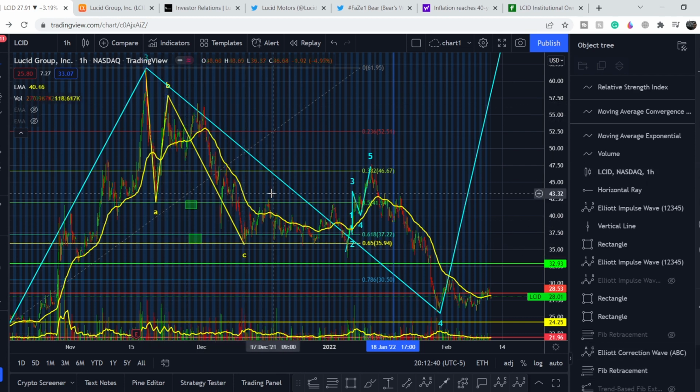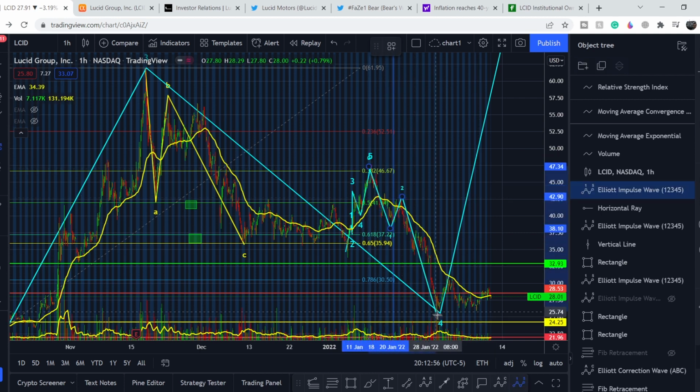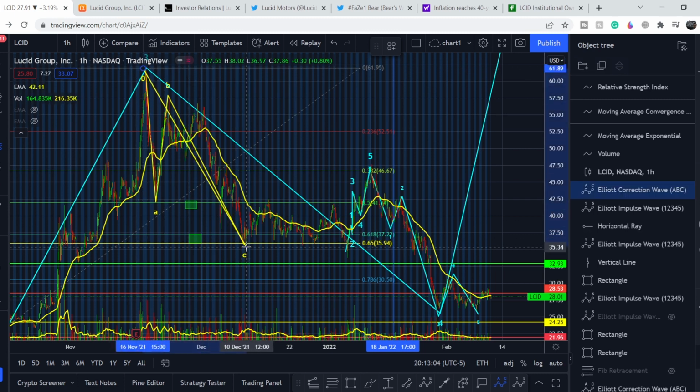This A, B and C wave right here is our B wave. And this 1, 2, 3, 4, 5, if it is the bottom of the fifth wave, it is the bottom of our C wave, and we might have this breakdown like this. And if it is the case, then on a greater scale we have our ABC correction like this.